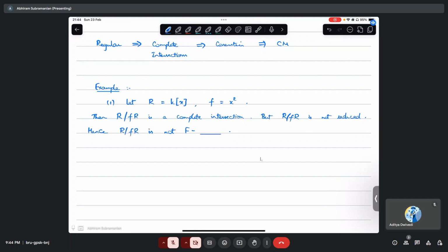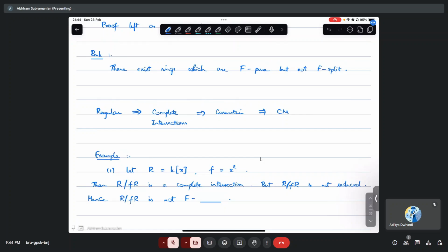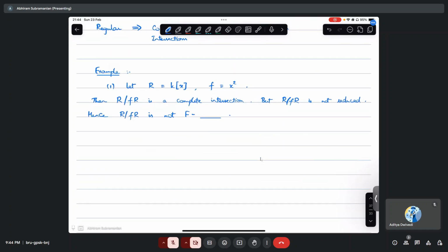That is a very trivial example, but it just says why we can't compare these F singularities with the properties of being complete intersection or Gorenstein. But what we can do is add the condition of R being Gorenstein to some F singularity and see if that gives you some converse.